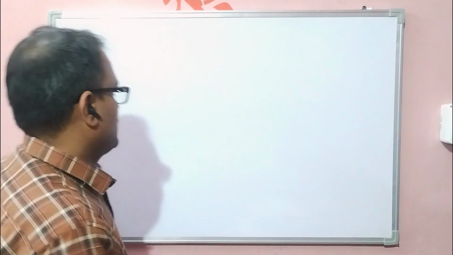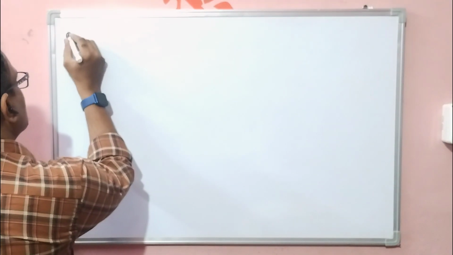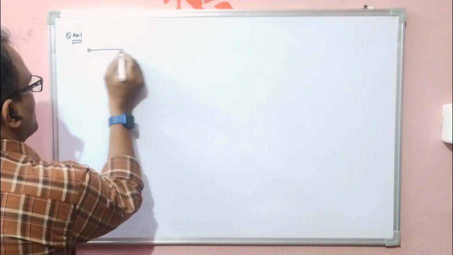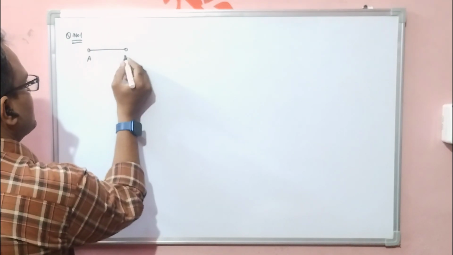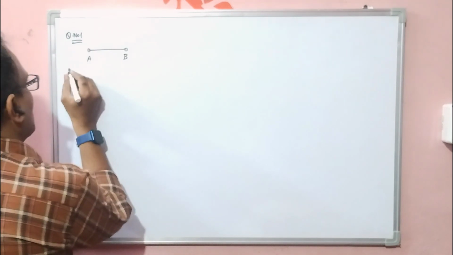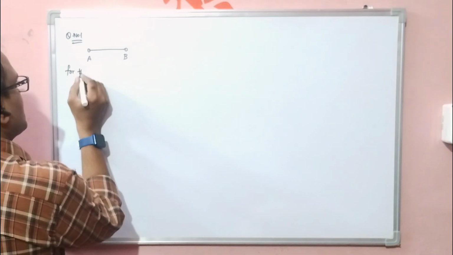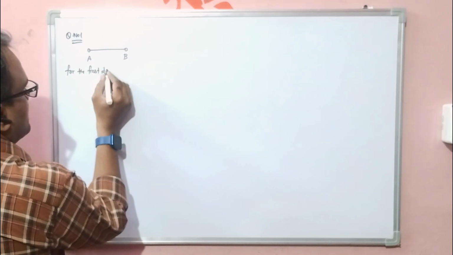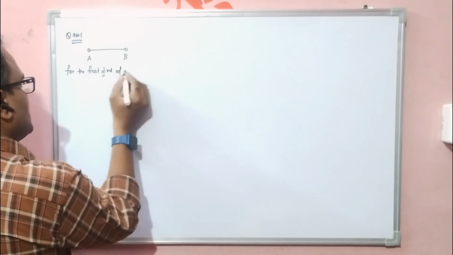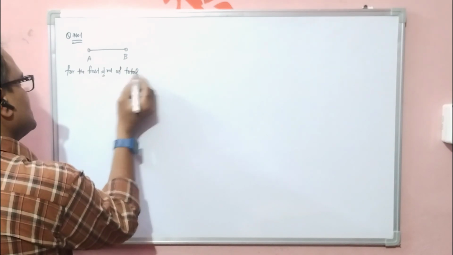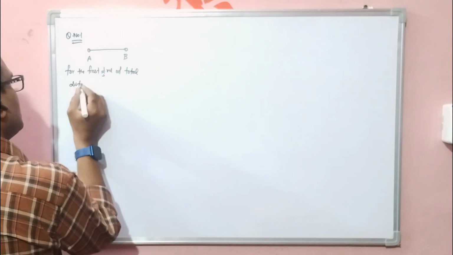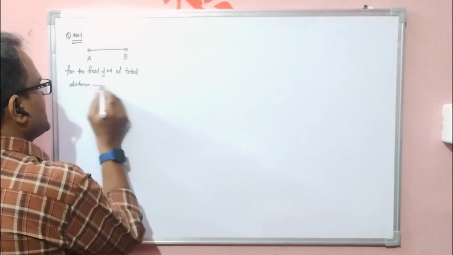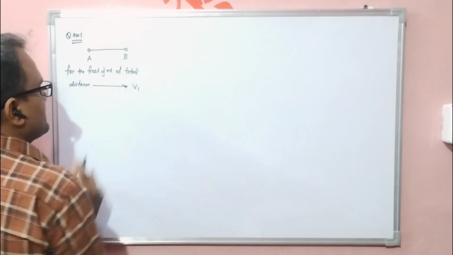The question number 1 of the last quiz is: an object moves from A to B, and it is given that for the first 1/3 of total distance the object moves with speed v1.